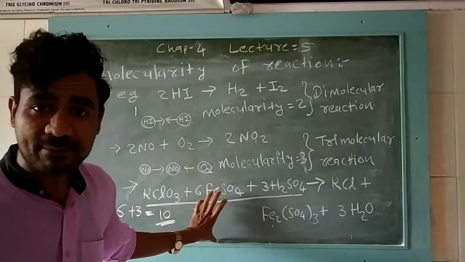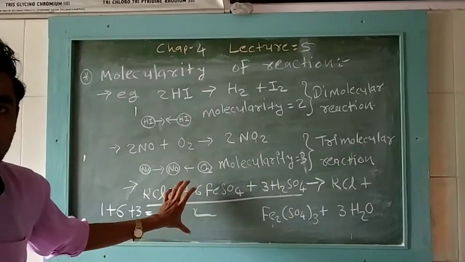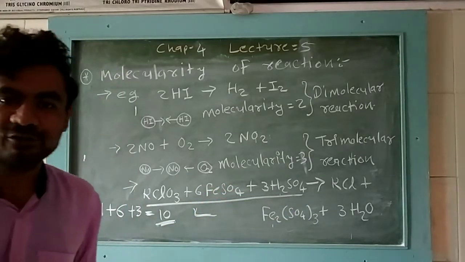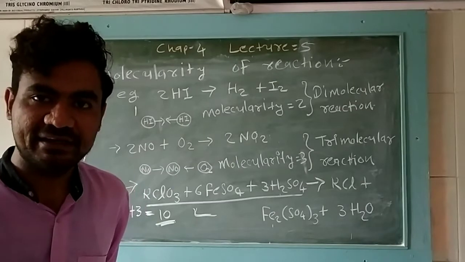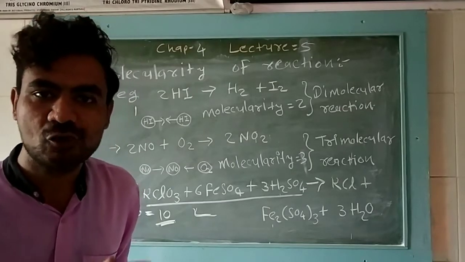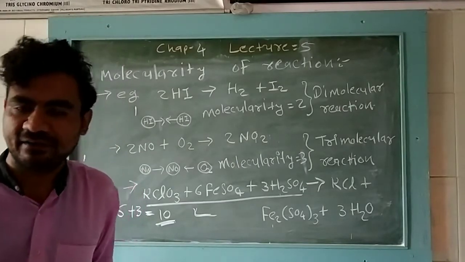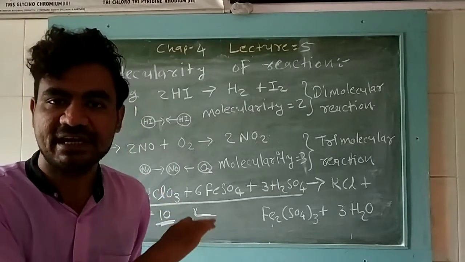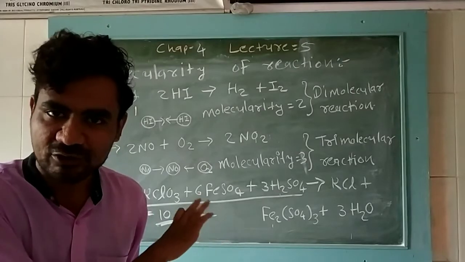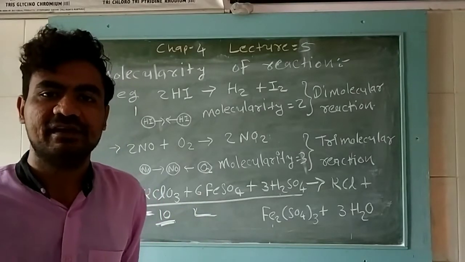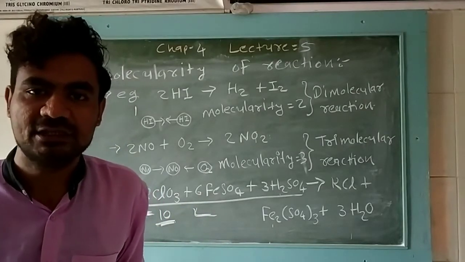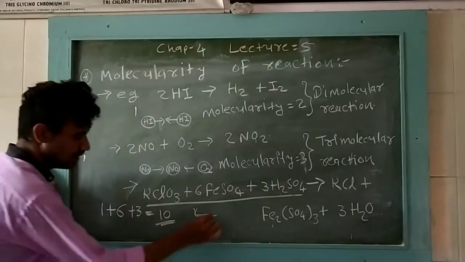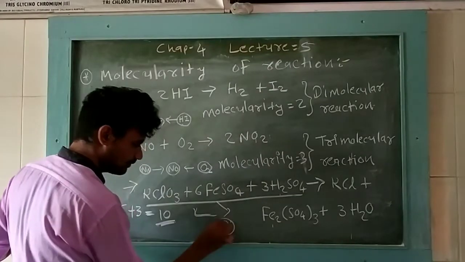This type of reaction is called a complex reaction, and for it you have to write down the mechanism first, the steps included in this reaction, and from that you have to find out the slowest step. Suppose this one is occurring in 3 steps.